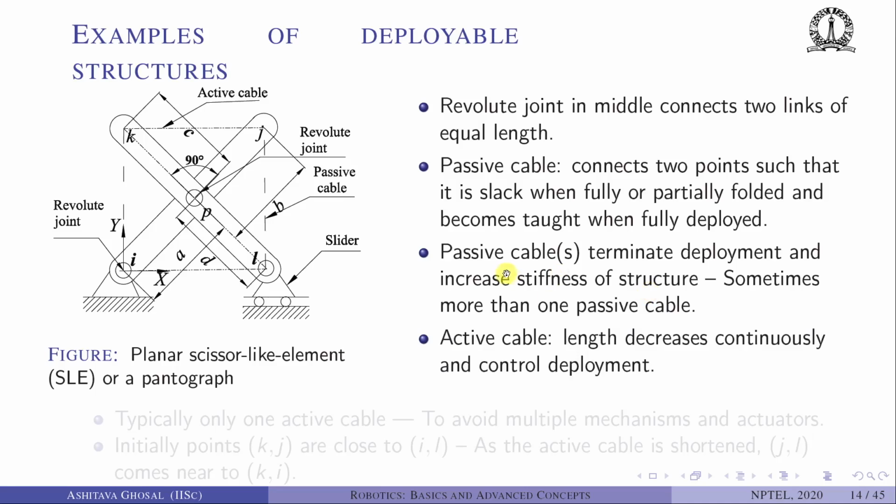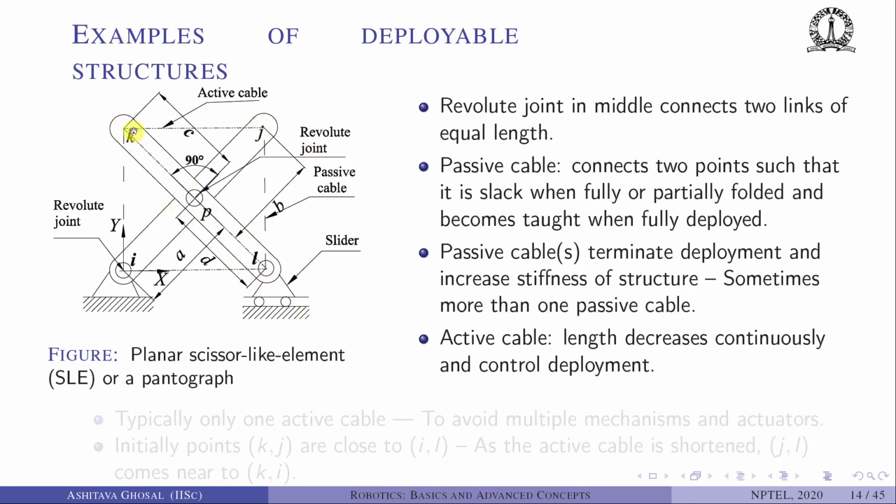The length of this active cable decreases continuously and controls deployment. So for example, you can have a motor which is sitting here, and it will start pulling this cable.